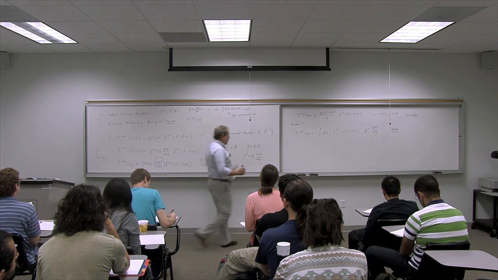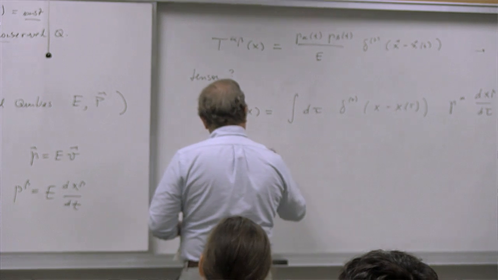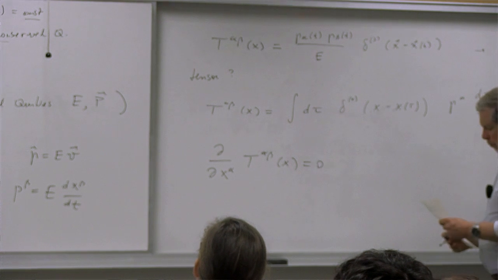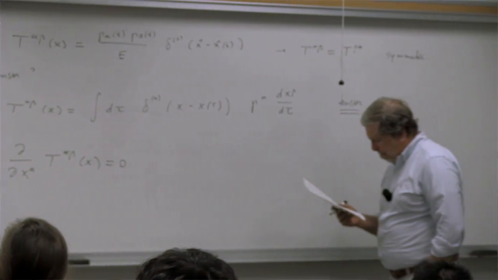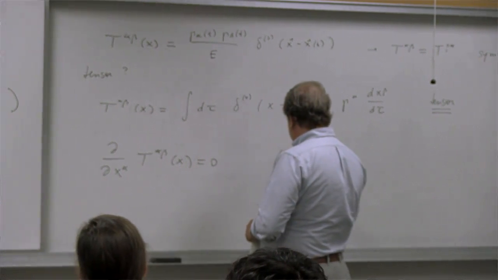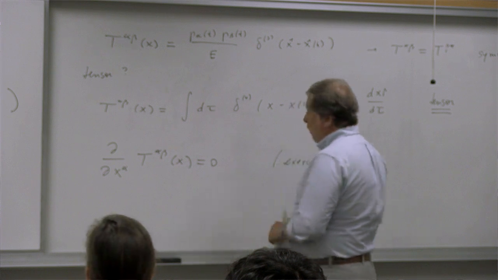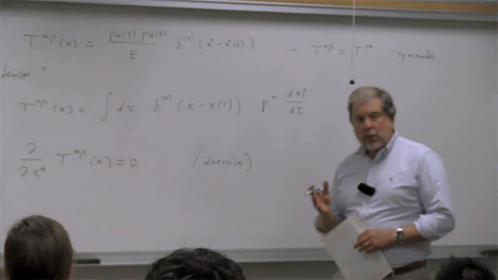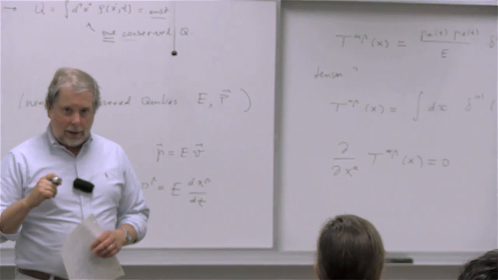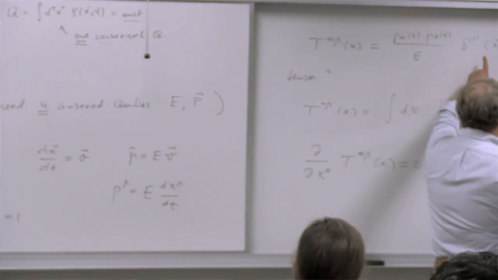And so now the other thing we want to show is that d by dx alpha, T alpha beta of x is equal to 0. And, well, this is, again, an exercise. And how is this exercise going to be done? Well, it is going to be done the same way we did it for electromagnetism. That is, you look at the spatial components, the I components, and you take the derivative with respect to this delta function.